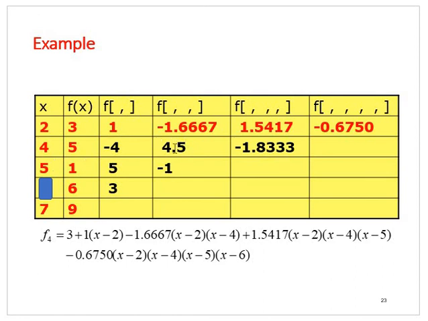And then for this one again, it will be 5 minus minus 4, which is 5 plus 4, which is 9. And then remember, we skip this one.